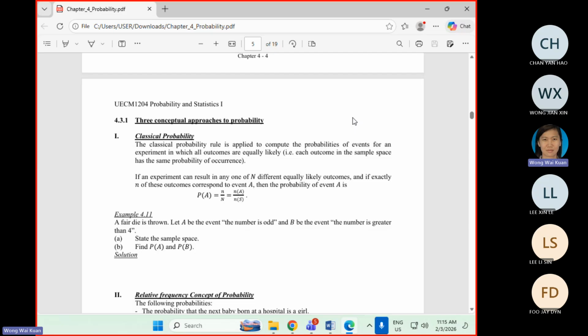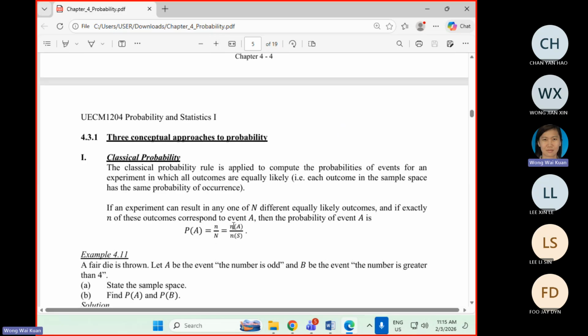So when you have a set A, and you have n(A), small letter n with a bracket A, it means how many elements are in set A. The number of elements in set A divided by the number of elements of the sample space, everything.